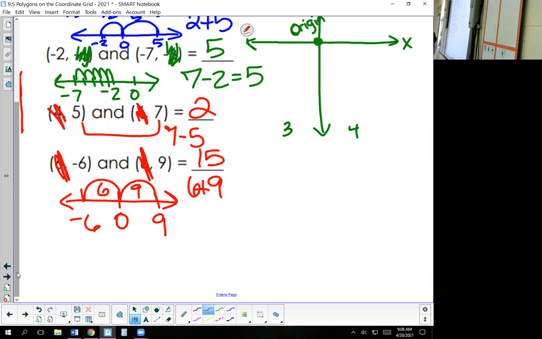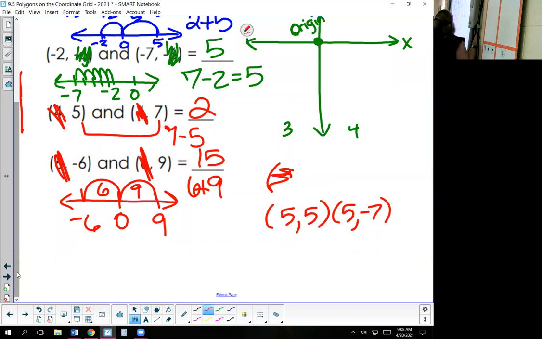Chris? I looked ahead at the graph on number 2, and B has 2 3s. So we just cross them all out. You would cross out only the ones that would be the same. So, say for instance, it was 5, 5, and 5, -7.